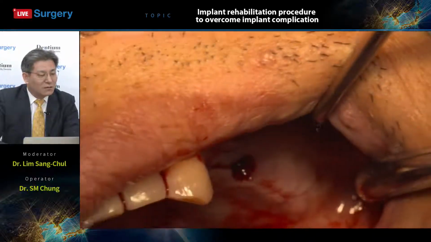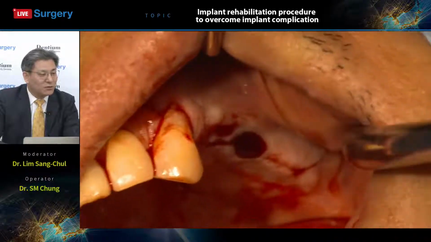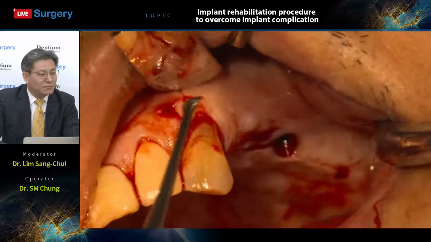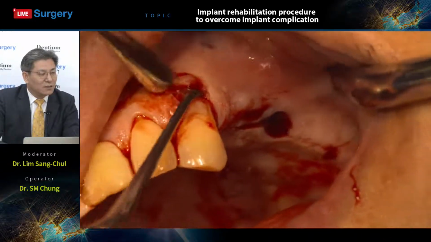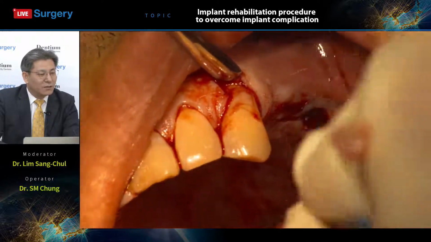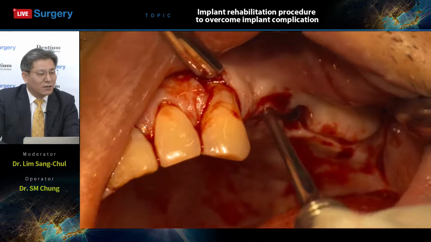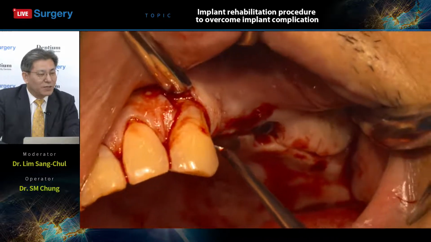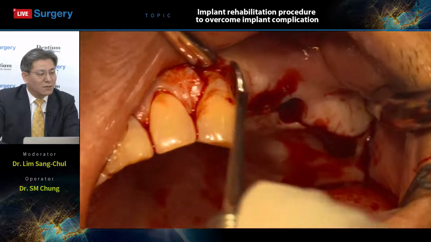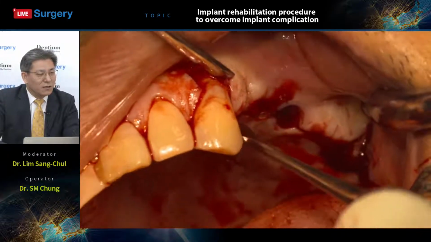After that, okay, try flap reflection. The small round curette, big round curette, flap reflection was started.